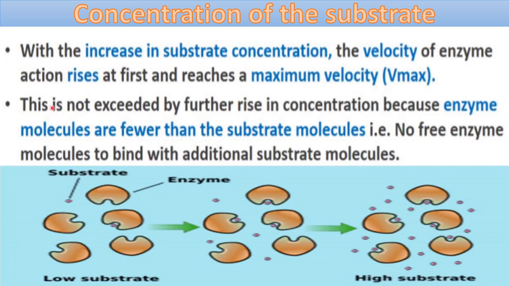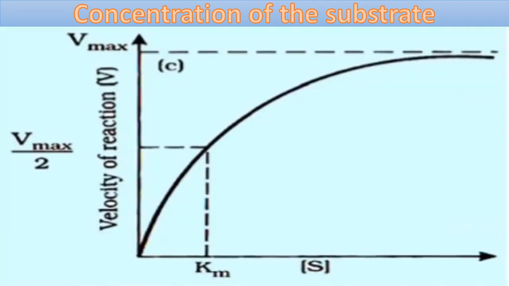So in the starting the rate of reaction will increase if we increase the substrate concentration, but after some time, there will be a point after which if we further increase the substrate concentration, no free enzyme molecules will be there to bind with the additional substrate molecule, and the rate of reaction will not increase. You can understand it with the help of this graph.